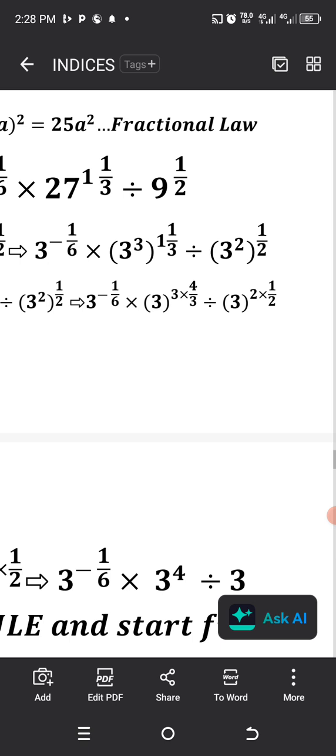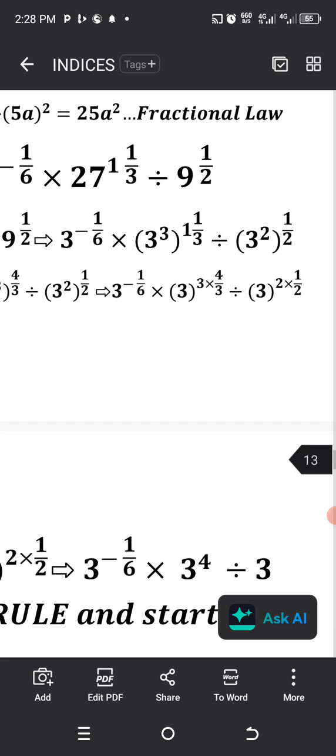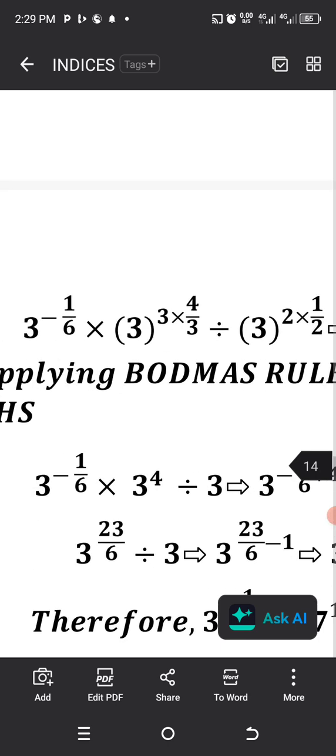Because the initial expression is 3 raised to power 3 inside the parenthesis, raised to power 1 over 3, it has now changed to 3 multiplied by 4 over 3. The same thing has been done to the one inside the parenthesis, 3 raised to power 2, which has now changed to 3 with everything raised to power 2 multiplied by 1 over 2.